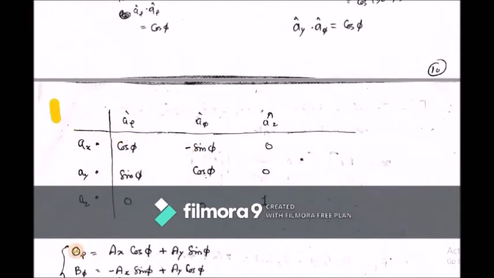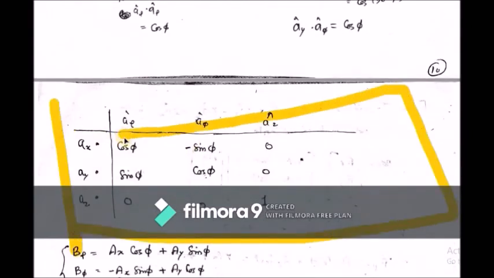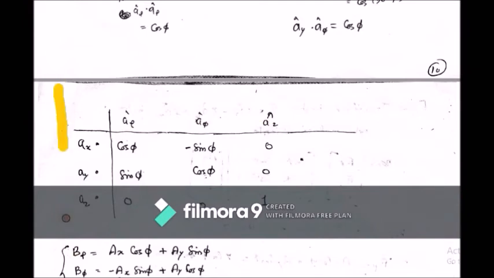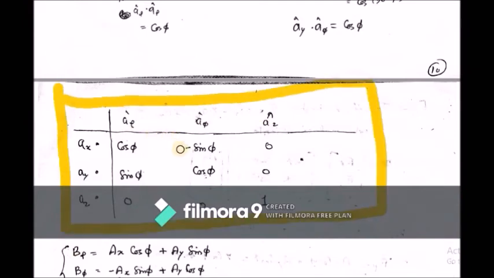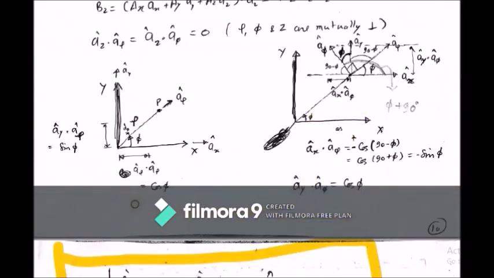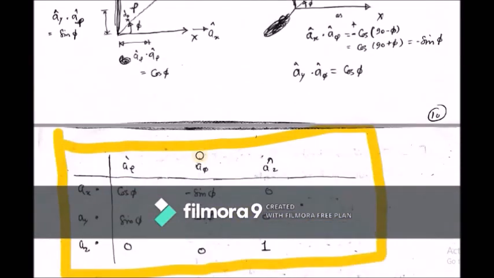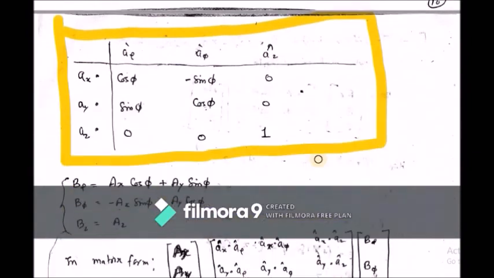So this is the table for dot product between ax, ay, az and a rho, a phi, az. You people must be very much familiar with this, meaning you have to remember this, because for conversion you don't need to go through this derivation again and again, just remember this and use it directly.